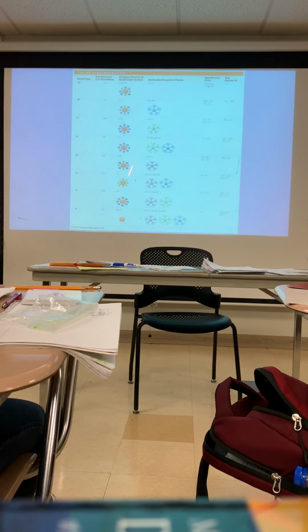See, you have different kinds of blood types: AB plus, AB minus, A plus, A minus, B plus, B minus, O plus, O minus. And if you look here, antigens and antibodies: the antibodies are in the plasma, and the antigen is in the plasma membrane of the erythrocyte.